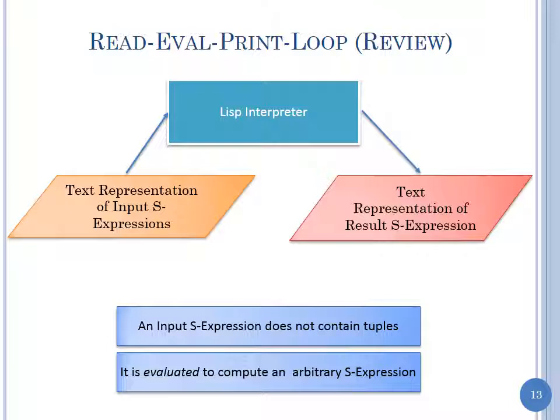That was done by Andrew's skeleton. And then to produce the output, we create another output S expression, which may or may not be the same as the input S expression. And we then call the toString method on that to give you the result.